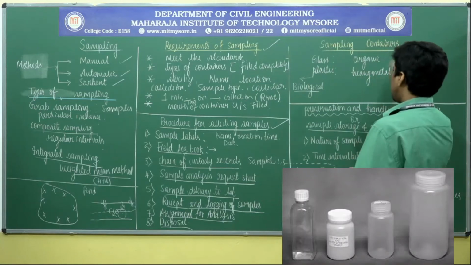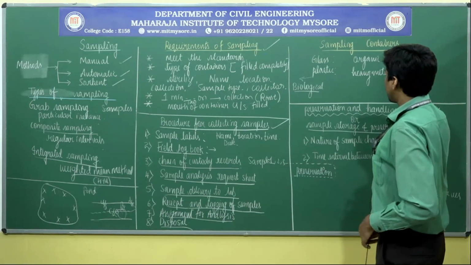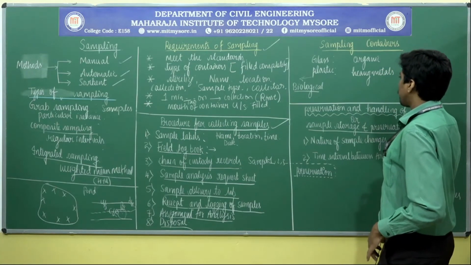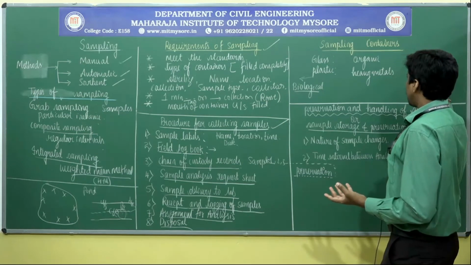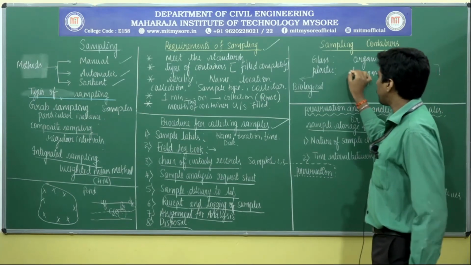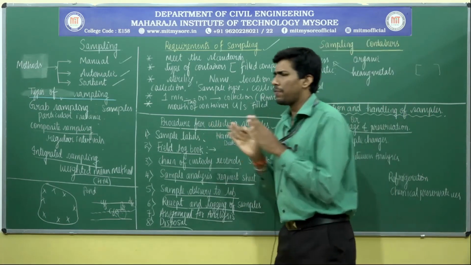In the case of pesticides and all, you need to use plastic itself, because with some of the heavy metals and all, the glass goes for leaching, or maybe any of the metals.